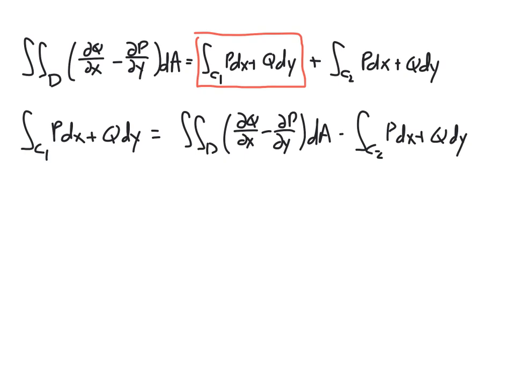So in order to find the value of the line integral I want, we need to compute these two integrals, which we are able to do in both cases, and then just subtract the two values. And this will give us the desired line integral over the original curve C1.